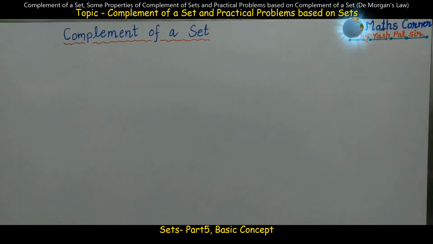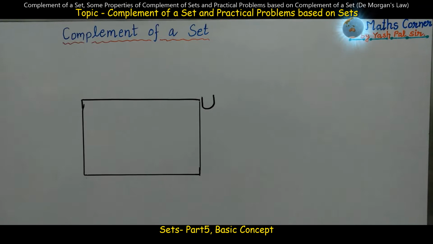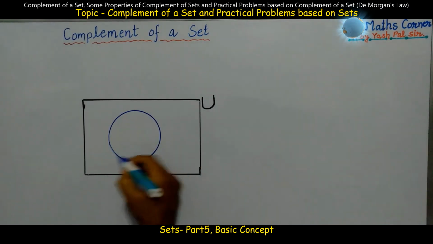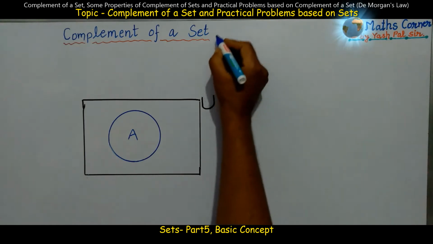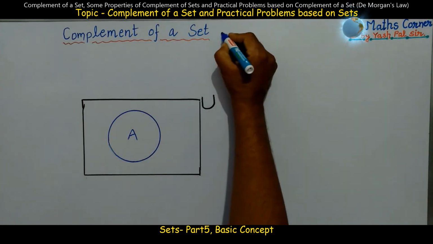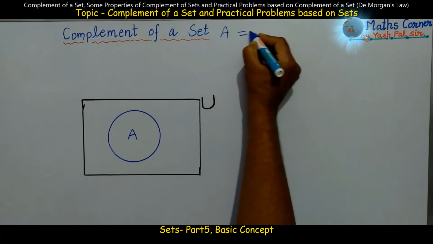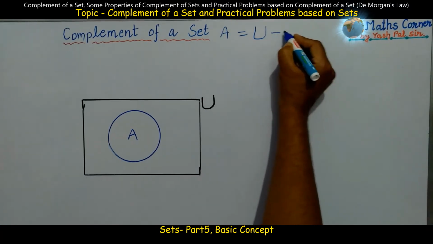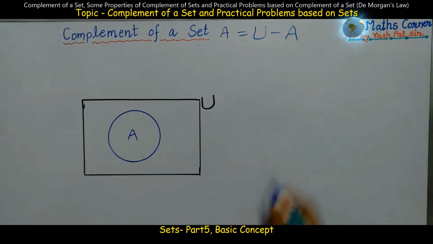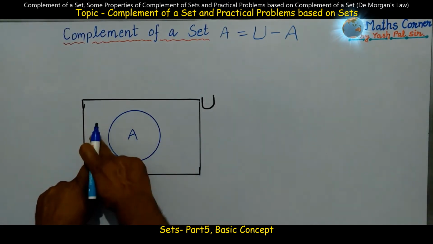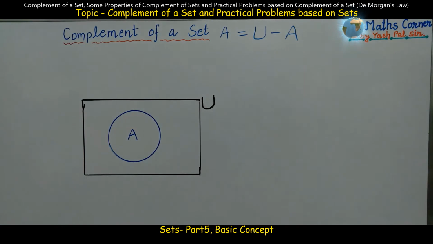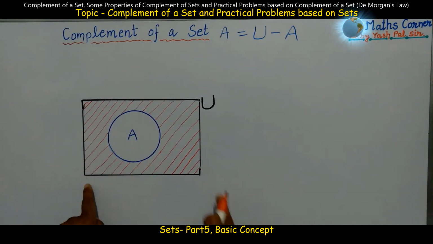Let us have a look at the Venn diagram also. Let this rectangle represent the universal set, and the circle represent set A. Now the complement of set A is equal to universal set minus A. We shade that portion of the universal set which is not part of A. So this is the Venn diagram.